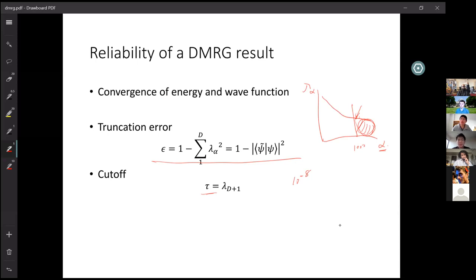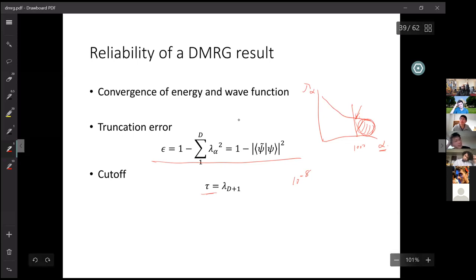I mean the direct connection of the truncation error to the property of the wave function is through the entanglement, right? The higher the truncation error, the more entangled the system is. I'm not sure how direct the connection is between the correlation functions and the entanglement, but I think there are probably some connections there.